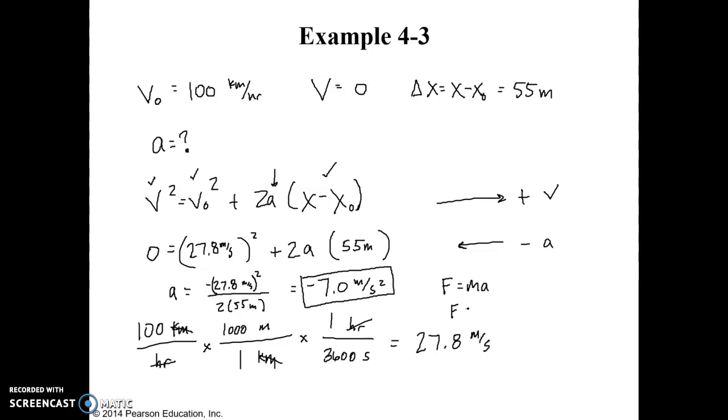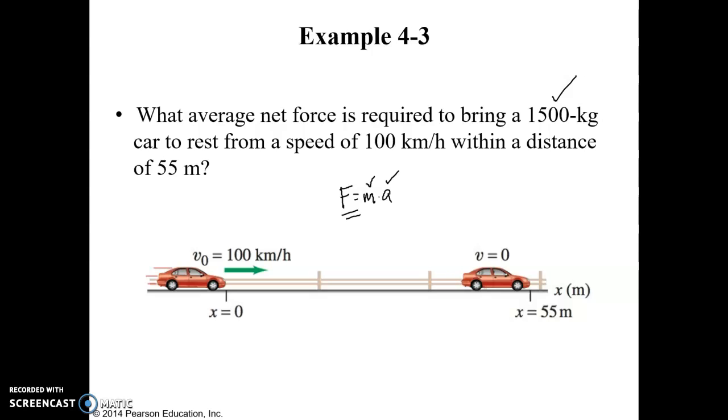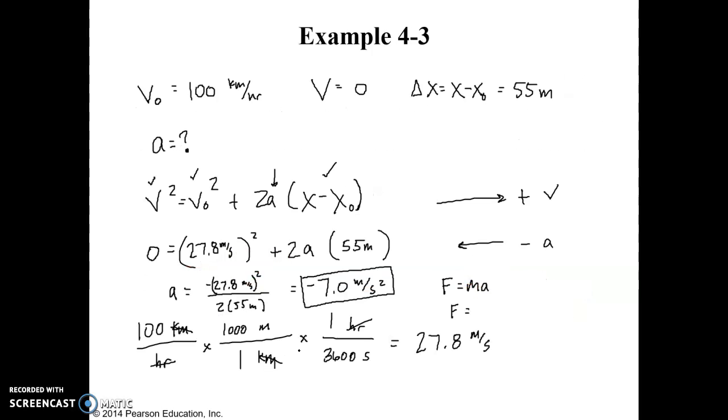And so our force is going to be our mass, which was, let me jump back a slide here, 1,500 kilograms, times our acceleration of negative 7.0 meters per second squared.